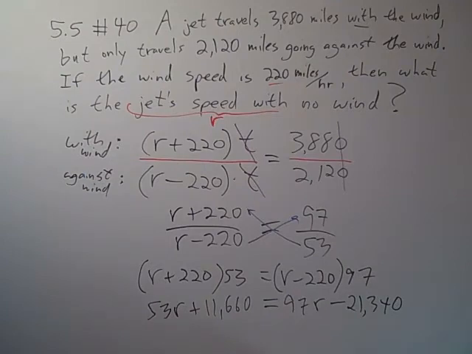So now we want to get all the r's on the same side of the equal sign here. So let's take away 53 r's from both sides. At the same time, that brings all the r's to the right side, so we want to move the constant terms to the other side.